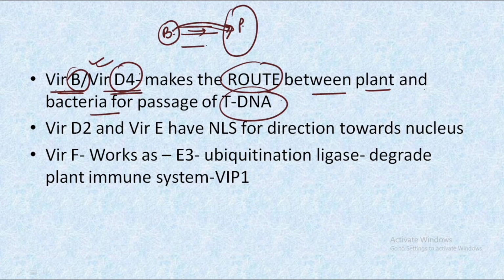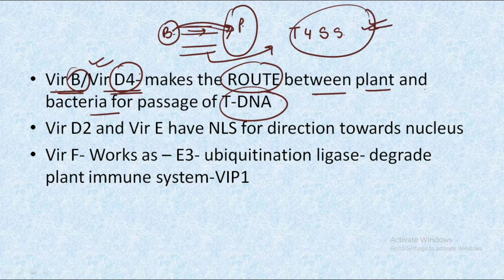The type of this route is T4SS, that is, a type 4 secretion system. Make sure you remember about T4SS. This is the route formed by VIRB and VIRD4 to provide a passage from the bacteria into the plant cell.